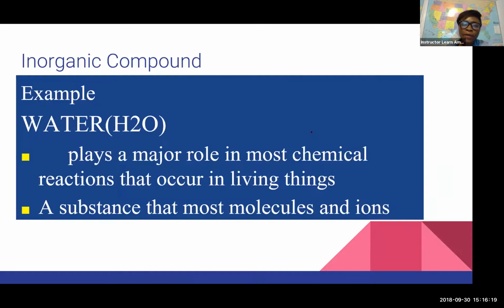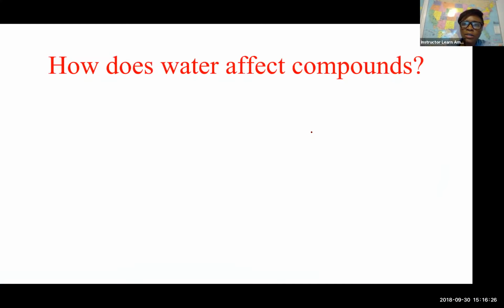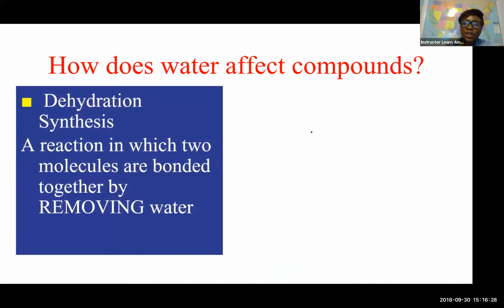And so it plays a very critical role in the chemical reaction process. And so there are two ways that this occurs. So there could be dehydration synthesis. If you take a look at the word itself, dehydration, you're thinking of being without water. So making something without water. So dehydration synthesis is a reaction in which two molecules are bound together by the removing of water.